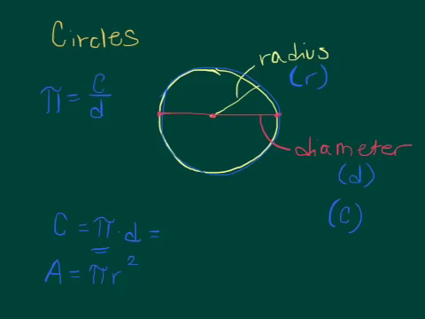Okay. The diameter is just twice the radius. So I can also say, we'll write 2 first, 2 times the radius times pi, because 2 times radius is just diameter. Okay, so there are 2 options I can use for circumference that will give you the exact same answer.